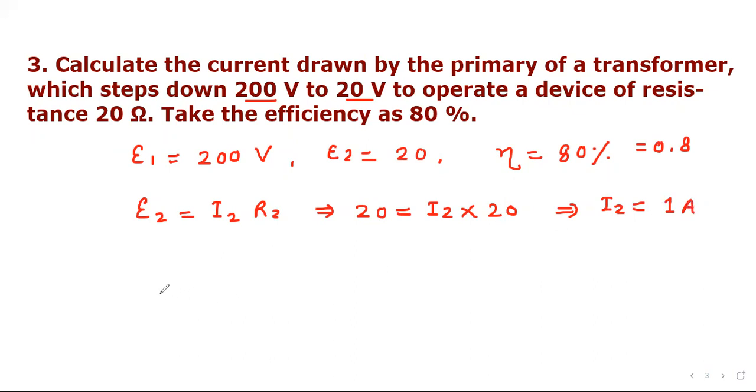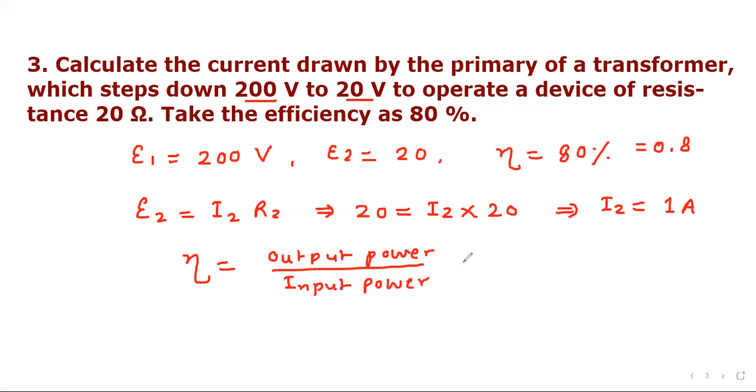Now we apply the formula of efficiency. Eta is given by output power divided by input power, that is 0.8 equals E2 I2 divided by E1 I1.